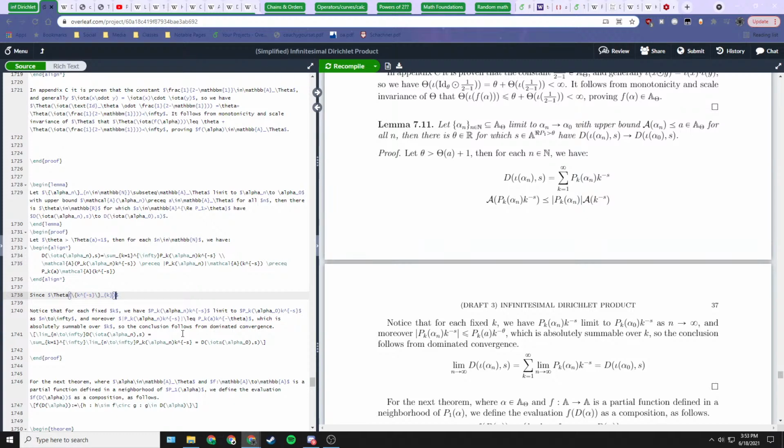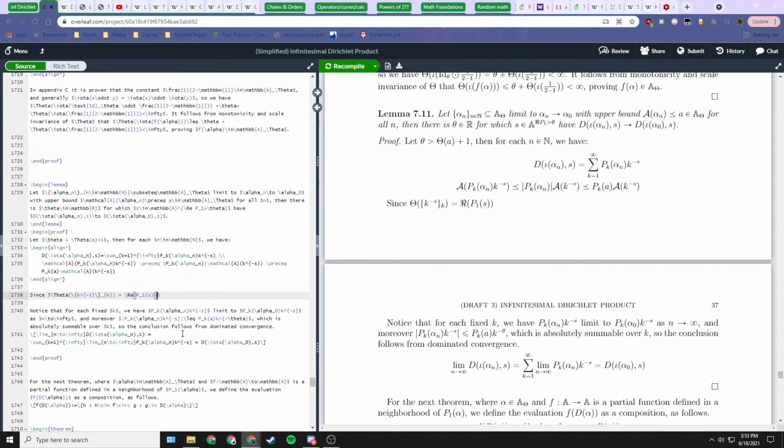Sorry, the theta value of this sequence is just the real part of p sub 1 of s. So okay, theta is greater than this for each n natural.